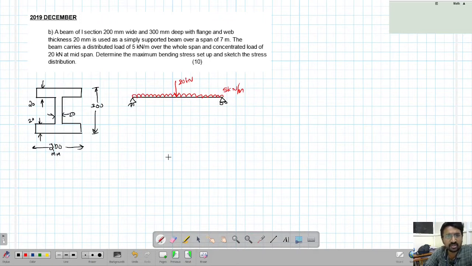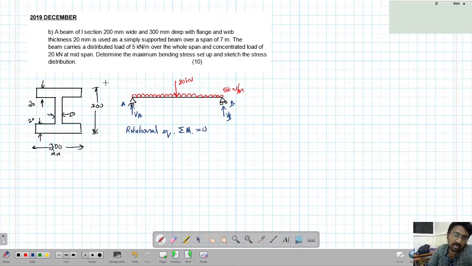So what we will do, we will first find the reactions. So quickly we can find the reactions. So this I will call as A, this I will call as B. So here I will call vertical A. Here I will say it is vertical B. There is a horizontal force here which is coming to be 0 because there is no horizontal force here. So let's say, because of the rotational equilibrium, the sum of all the moments about any point equals 0 for this structure.